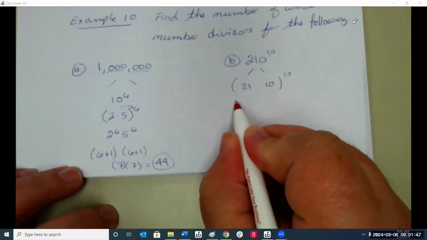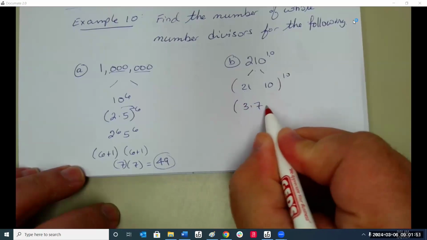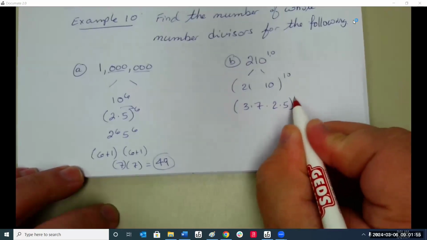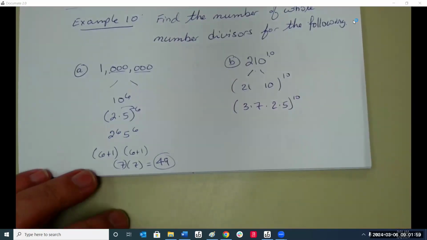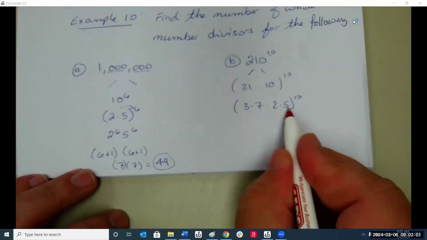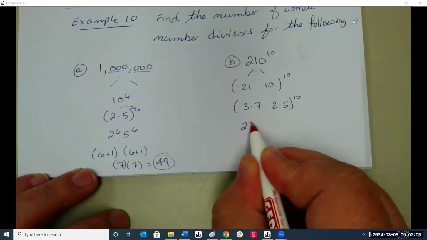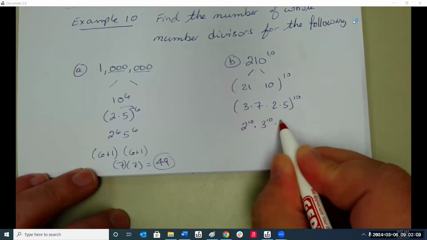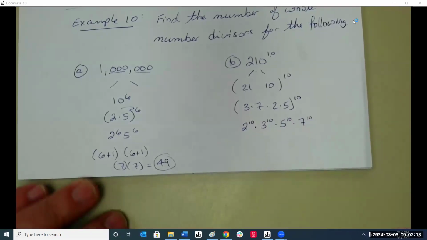What is 21 made up of? 3 times 7. And 10 is made up of? So these are all multiplied. So what I have is 2 to the 10th times 3 to the 10th times 5 to the 10th times 7 to the 10th.